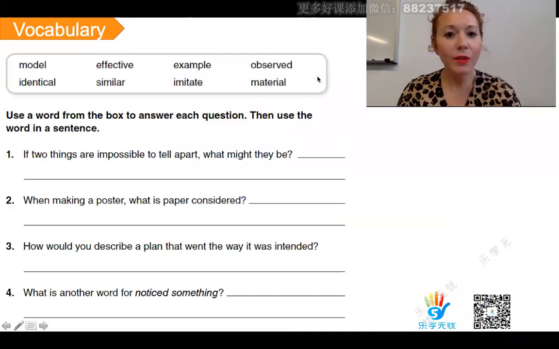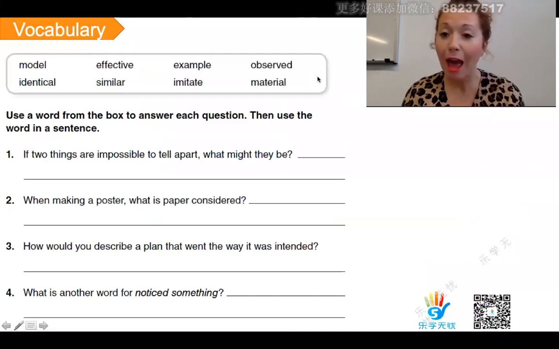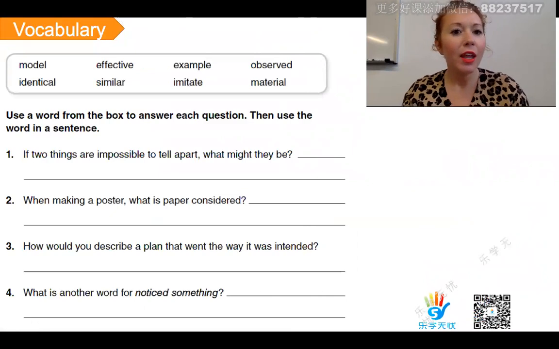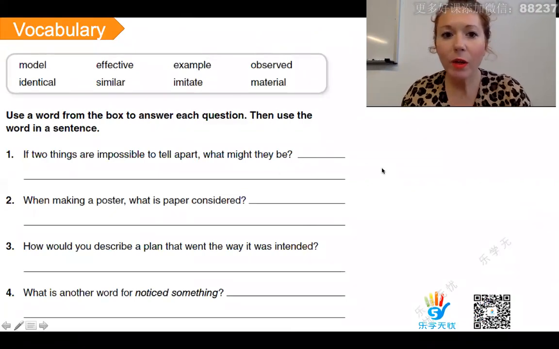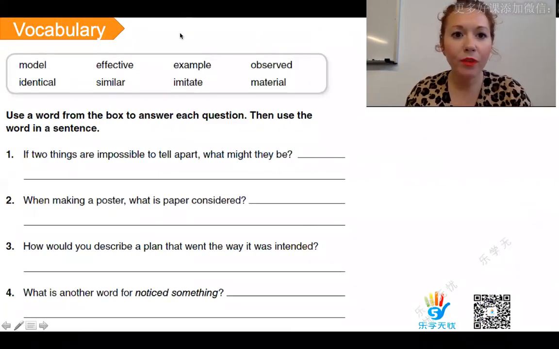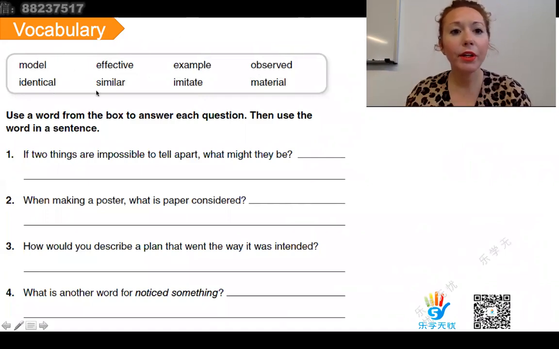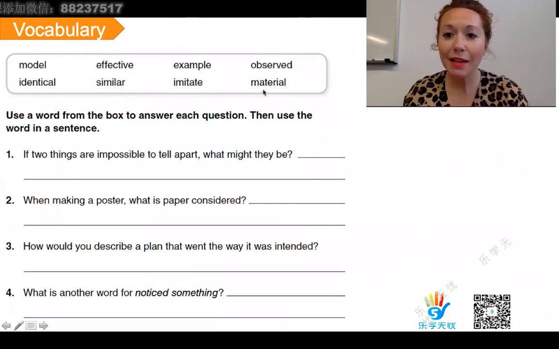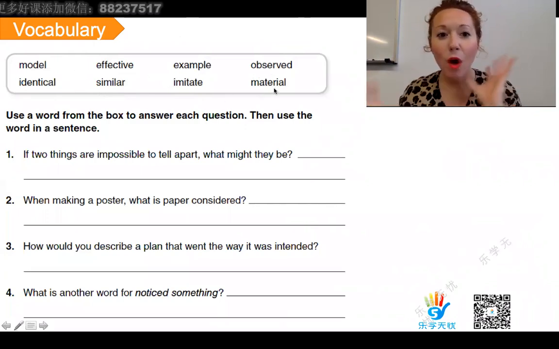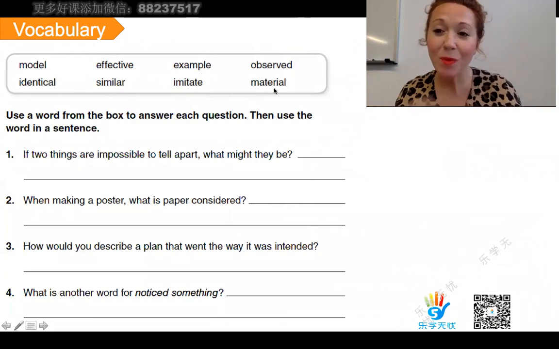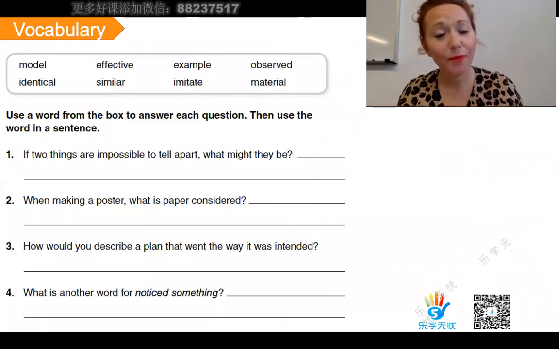All right, so now we're going to take a look at our vocabulary words, okay? So our vocabulary words this week were model, effective, example, observed, identical, similar, imitate, and material. Now we want to read the sentence and then we need to choose the correct word, okay?